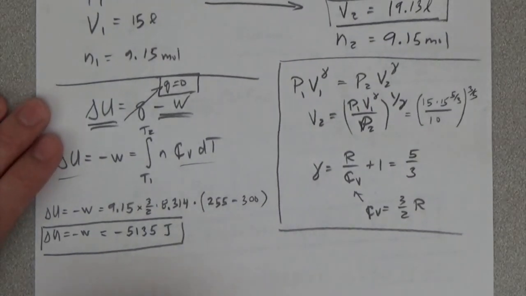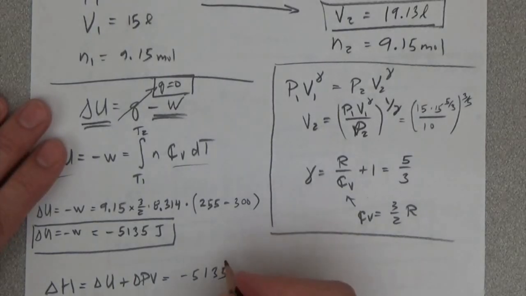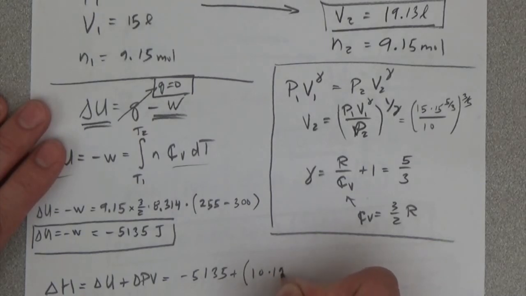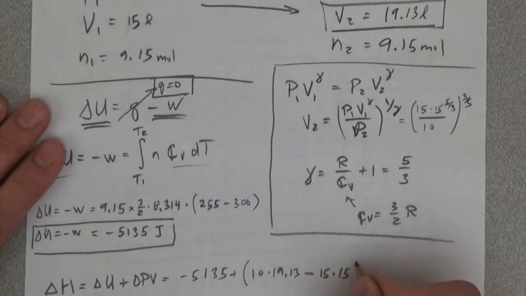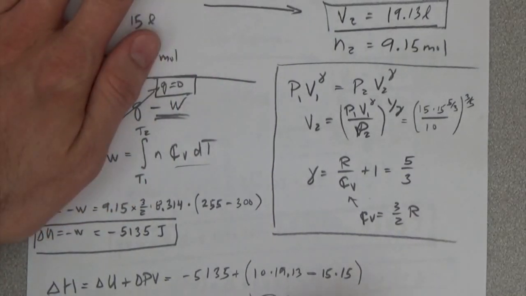And then finally, we have delta H is equal to delta U plus delta PV, which is equal to minus 5135 plus 10 times 19.13 minus 15 times 15, and this is in liter atmospheres.